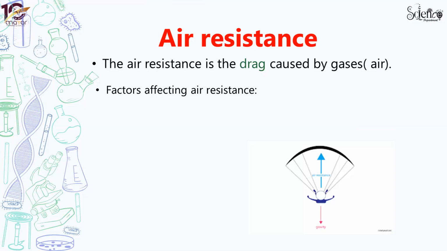Now, since I'm talking about movement through air, and air resistance opposes motion, of course there are factors affecting air resistance. It depends on the object, the shape, the speed. Let's see who remembers what factors affect air resistance. Yes, Omar Abu Abed.